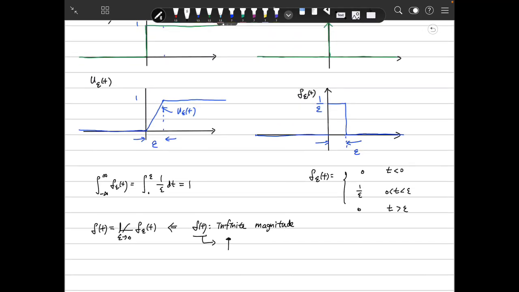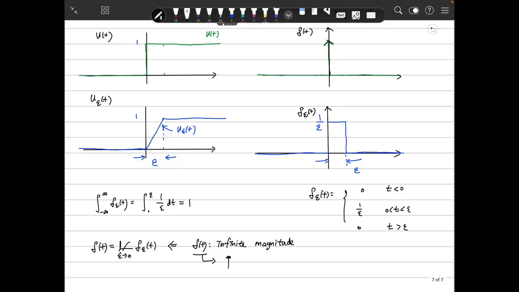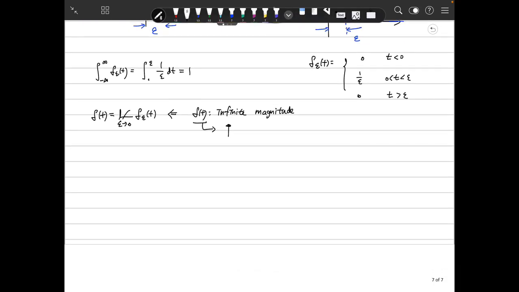The limit as epsilon goes to 0 of the integral from 0 to epsilon of 1 over epsilon dt is 1.